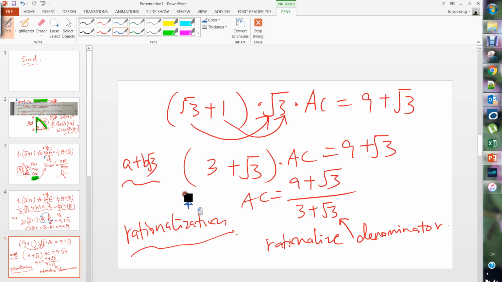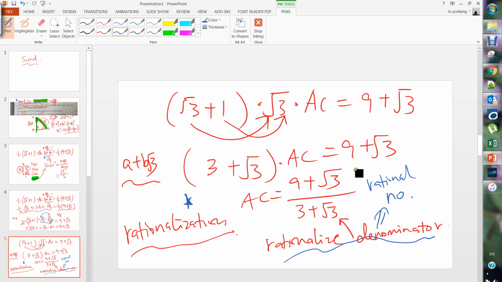Rationalize the denominator. It means your denominator has to be a rational number. So as long as your denominator is a rational number, you have rationalized your denominator.